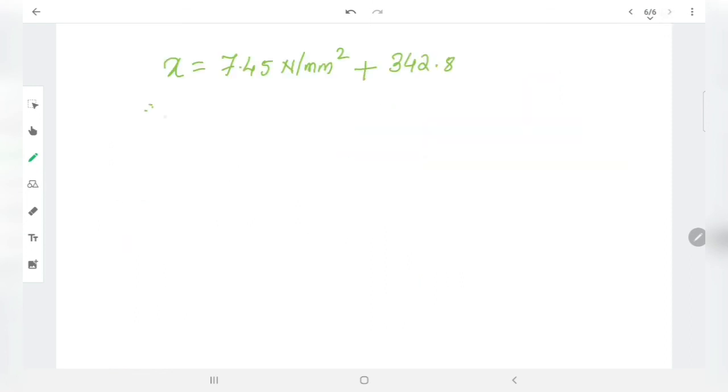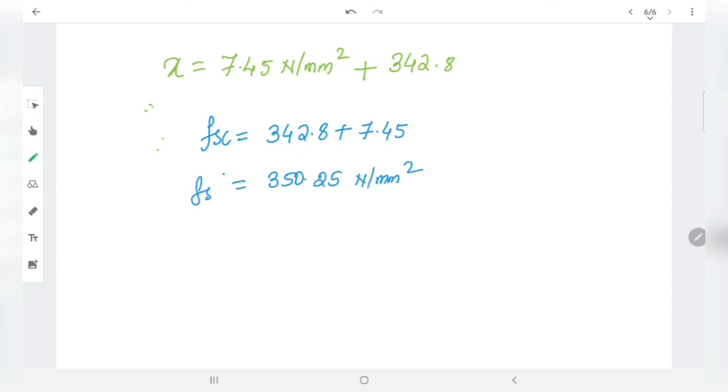When you calculate this, FSC is equal to 342.8 plus 7.45, which is 350.25 Newton per mm square. In this way, we will find the value of FSC.